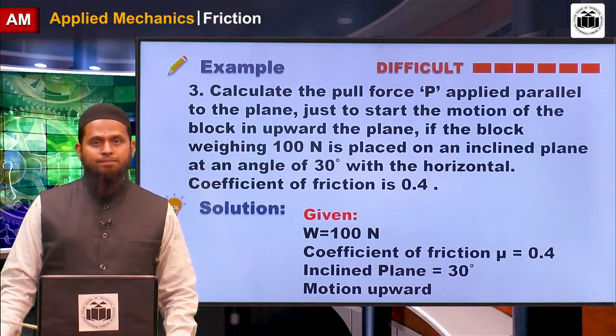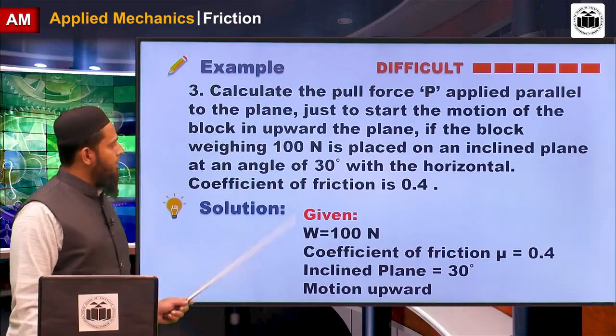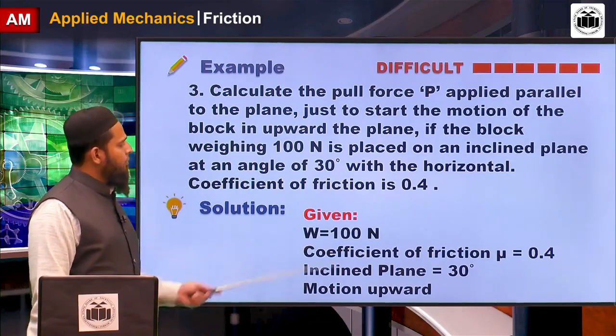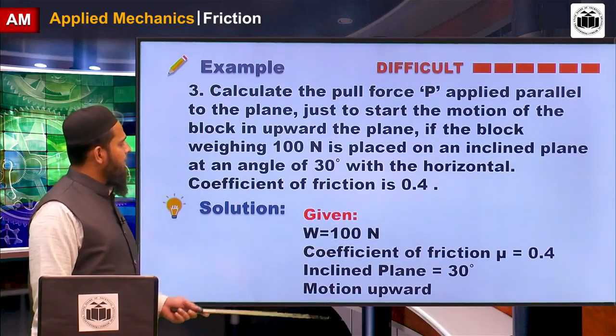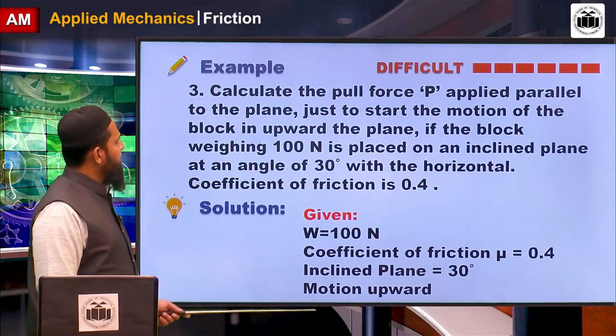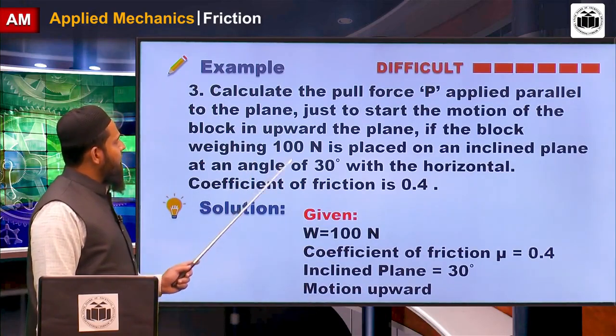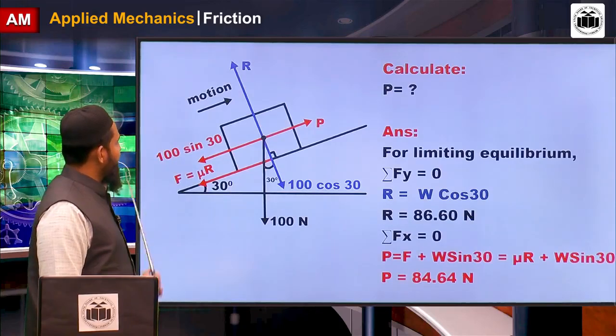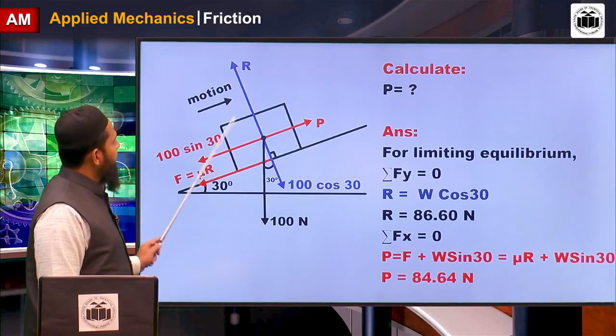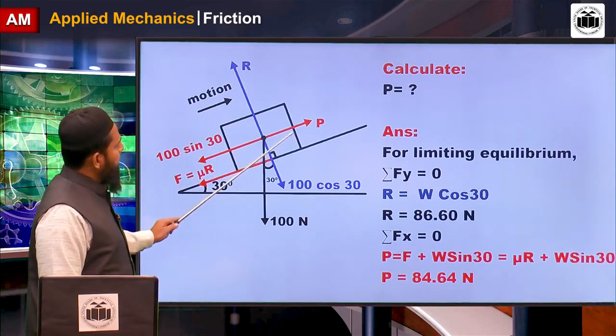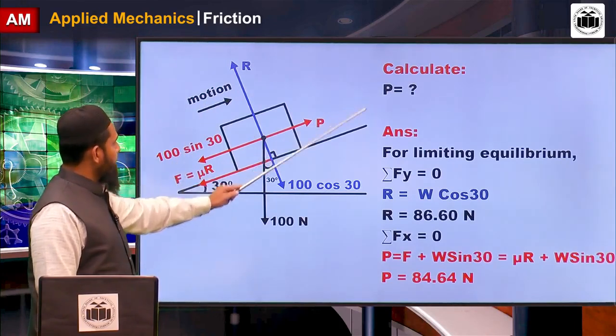Now, the third problem. The same block is there of 100 Newton, the coefficient of friction is the same, the inclined plane is also the same, but to start the motion in the upward direction, draw the free body diagram. In this free body diagram, now the motion is along the direction of the pull.